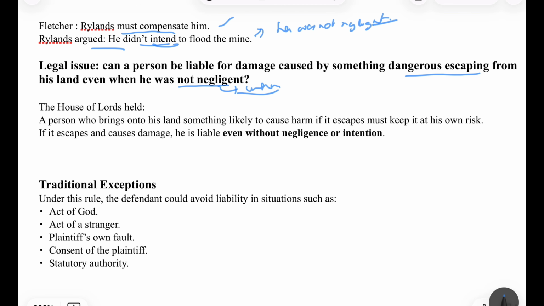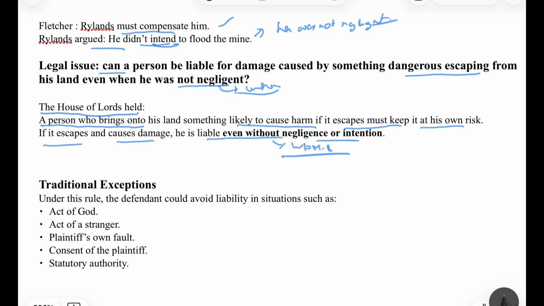The House of Lords held, after clearing this issue, that a person who brings onto his land something likely to cause harm, if it escapes, must keep it at his own risk. If it escapes and causes damage, he is liable even without negligence or intention, even without mens rea.